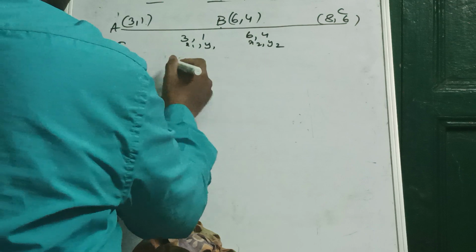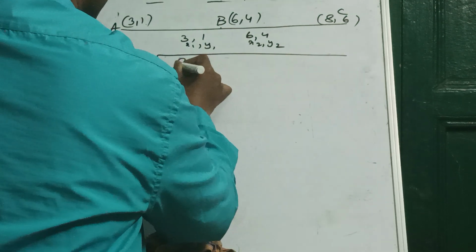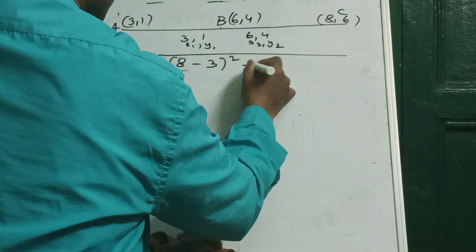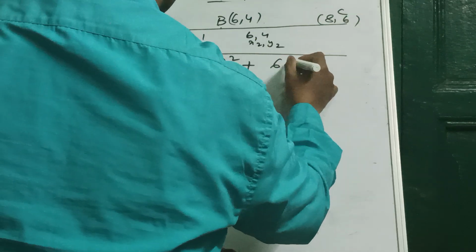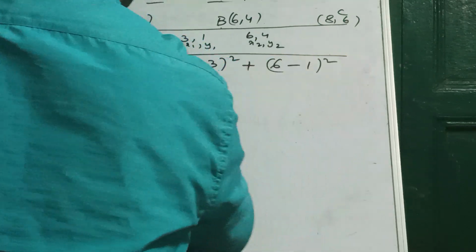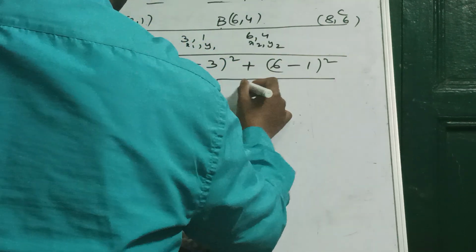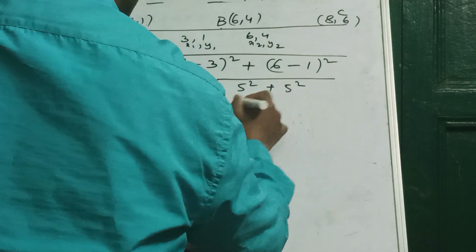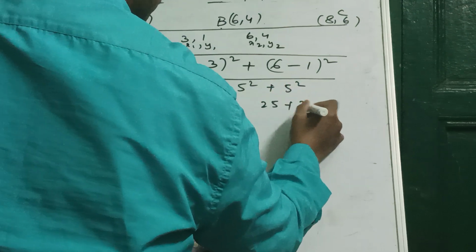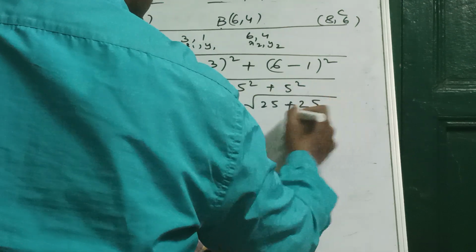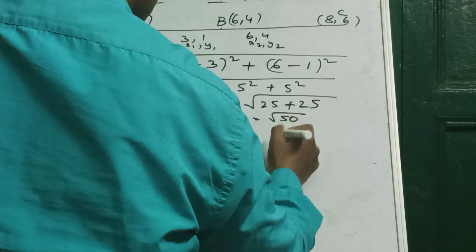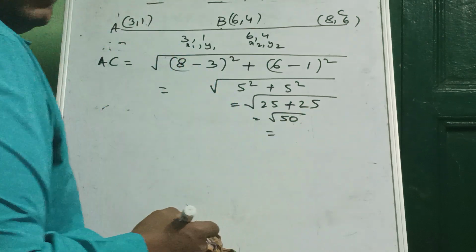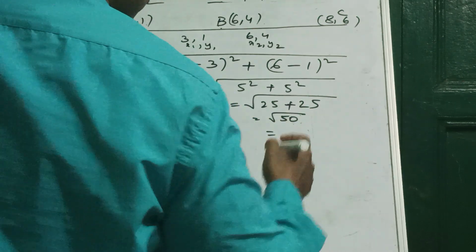AC: 8 minus 3 whole square plus 6 minus 1 whole square, 5 square plus 5 square, 25 plus 25, that is 50. 50 means 5 5s are 25, 25 2s are 50.